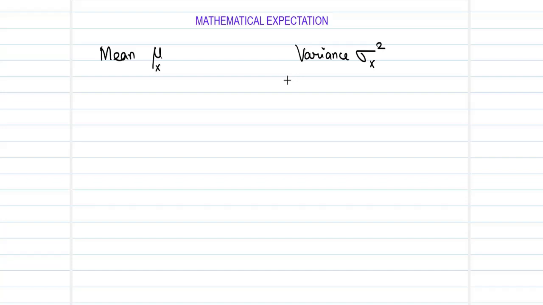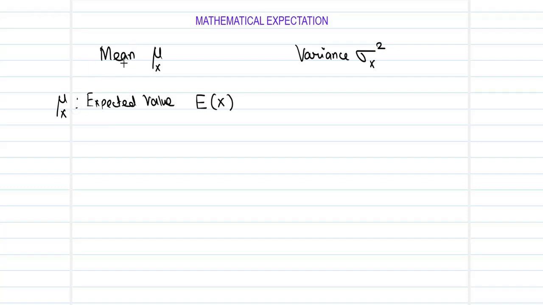The mean of a random variable, also called the expected value of a random variable, is denoted by E of x and by mu x.